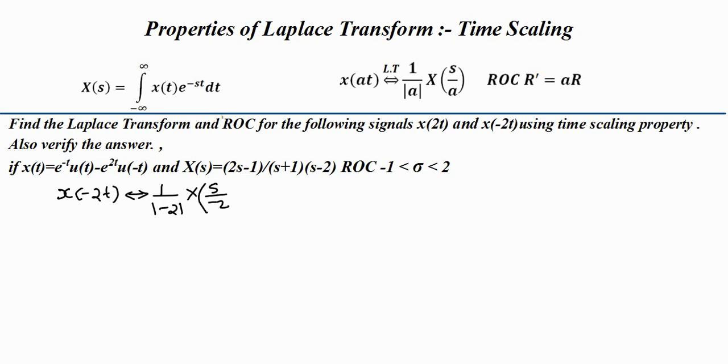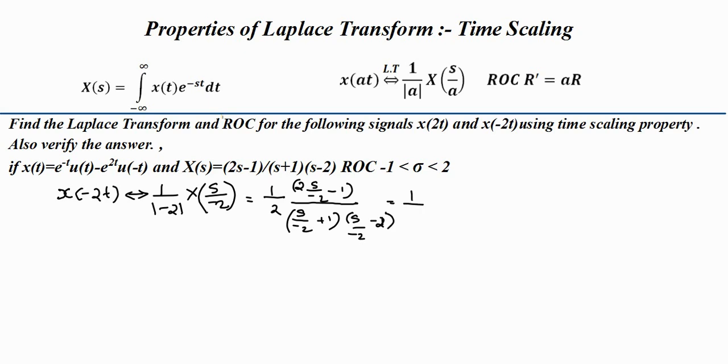So it becomes 1/2, and in place of s you write s/-2: the numerator is 2(s/-2) - 1, and the denominator becomes (s/-2 + 1)(s/-2 - 2).